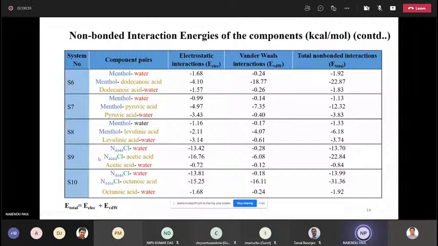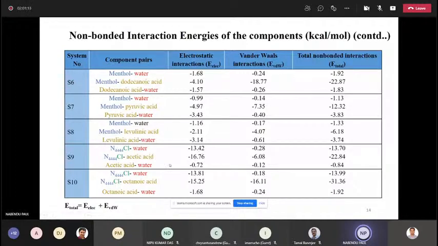Here also we can see that the acetic acid-water is quite miscible, but another thing is that the N44Cl, that is the cation, the HBA is very much water soluble here. In the case of menthol, it was not that much water soluble, but in the case of N44Cl, it is quite water soluble, so it is disrupting the characteristic of the DES. So overall, we cannot say that these two are also hydrophobic in nature.